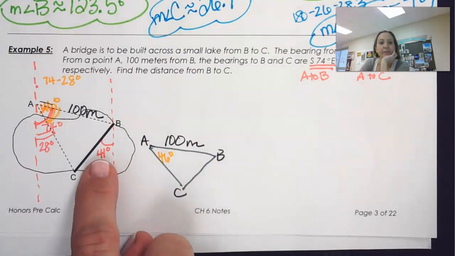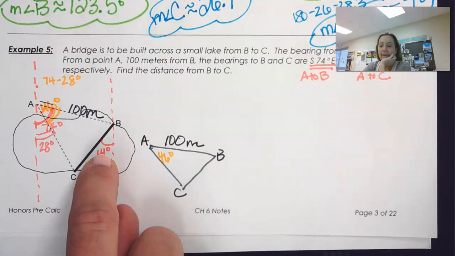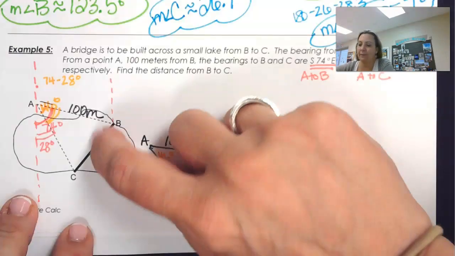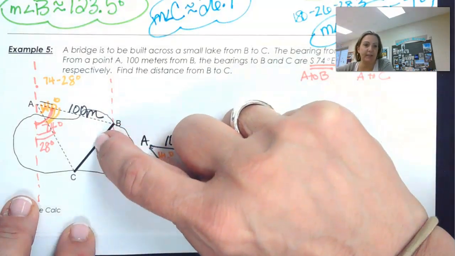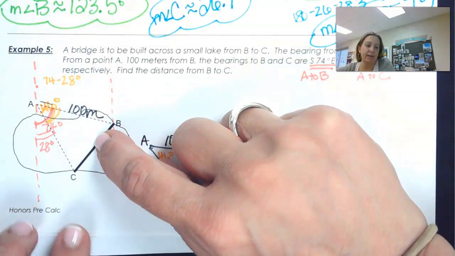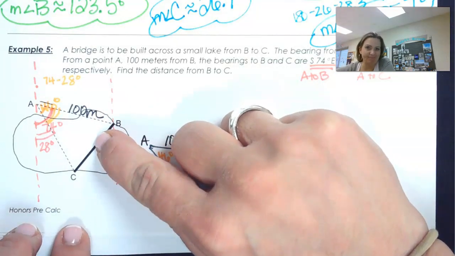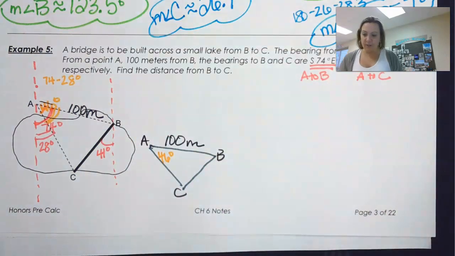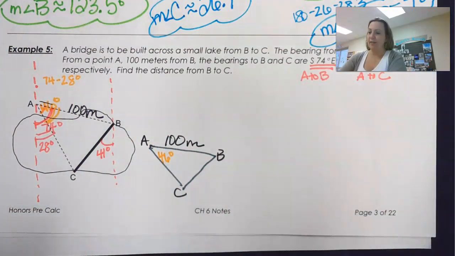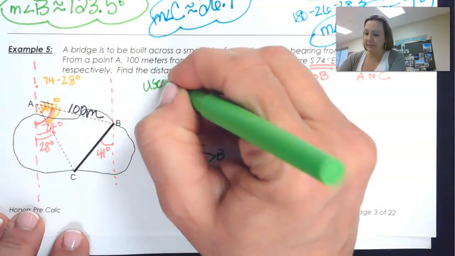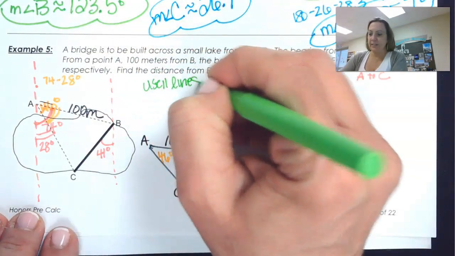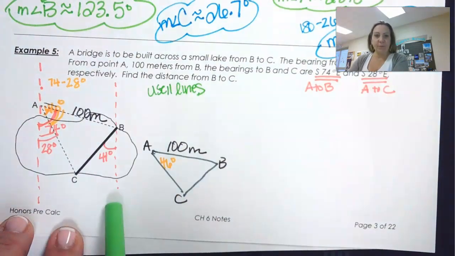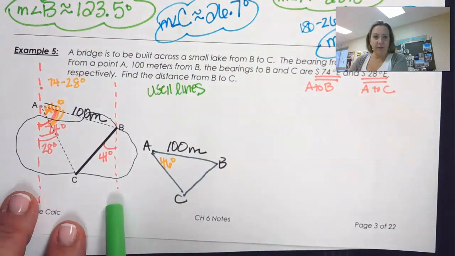I know that this is 41 degrees, right? And I could subtract from 180, but notice that doesn't give me the angle inside the triangle. But that's okay. Look at this. What we're going to do next is use parallel lines. Aren't these north-south lines that we drew parallel to each other?